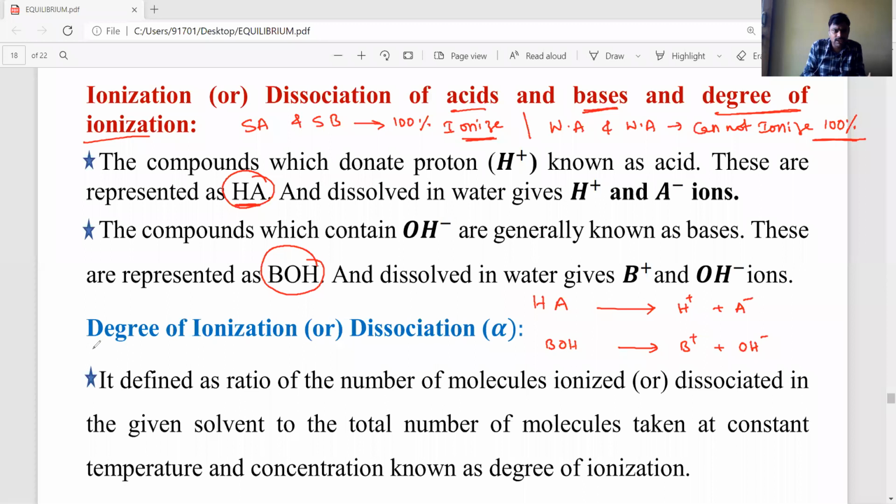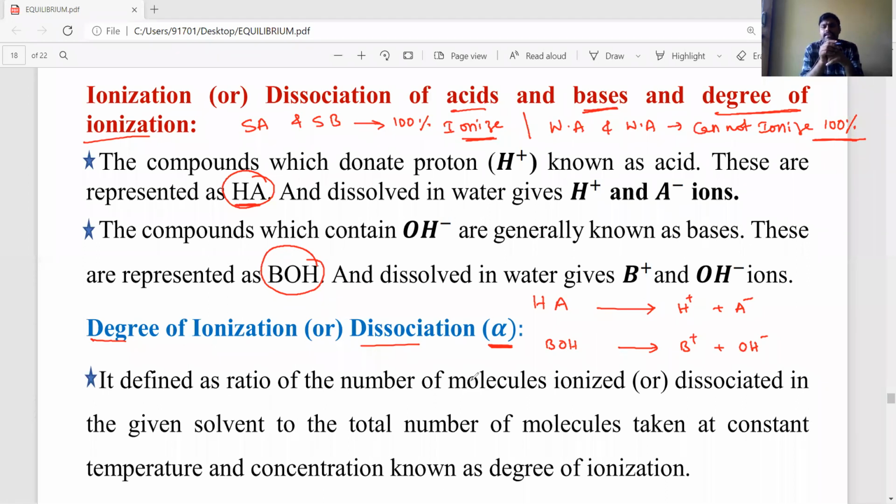Degree of ionization or dissociation is commonly represented by alpha. So what is degree of ionization or dissociation? It is defined as the ratio of the number of molecules or ions dissociated to the total number of molecules or ions taken in the solution.